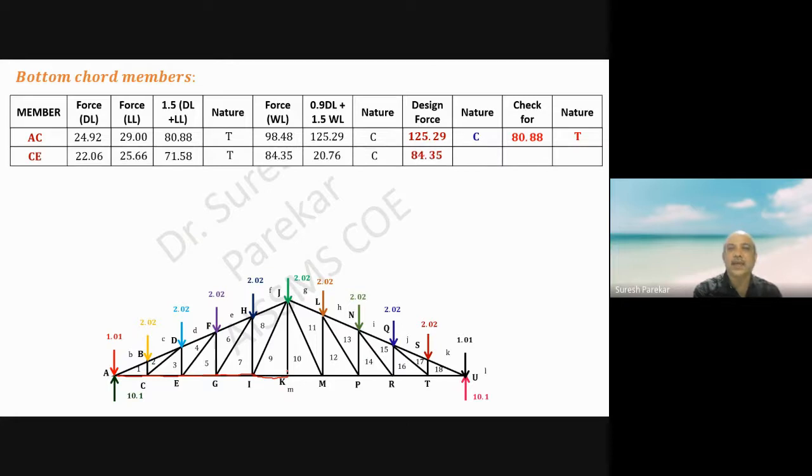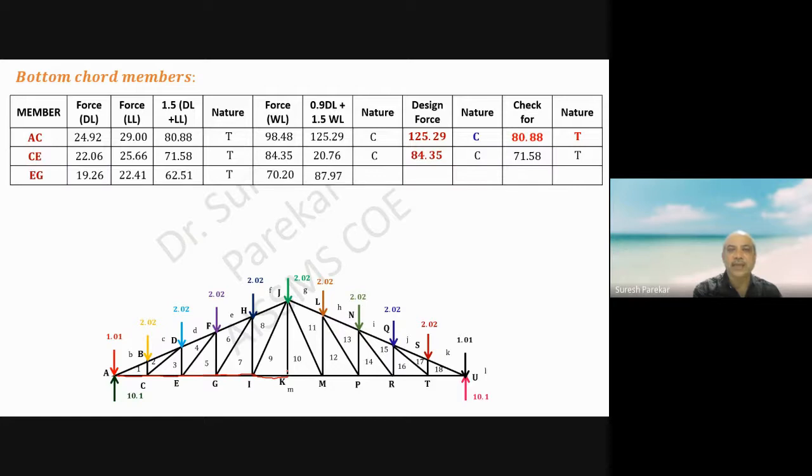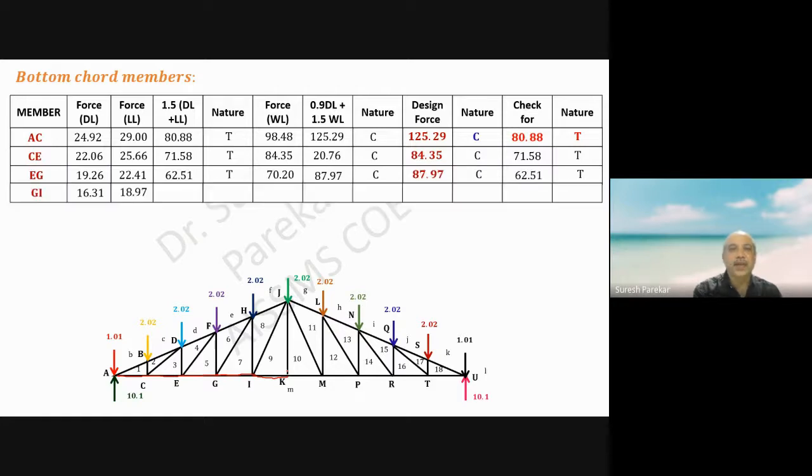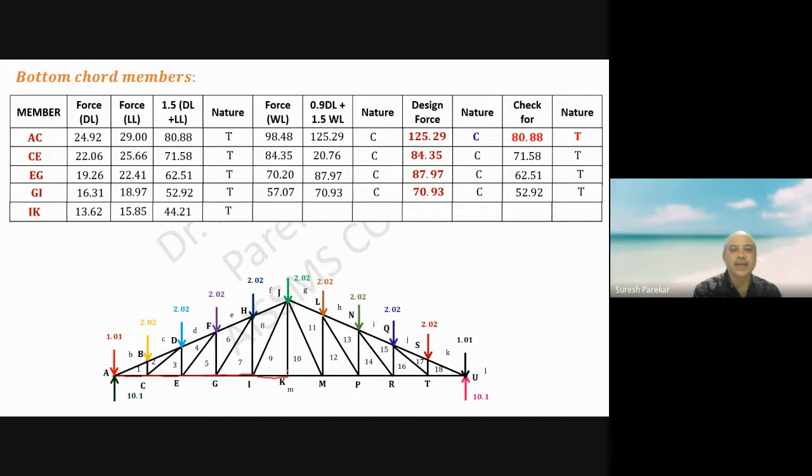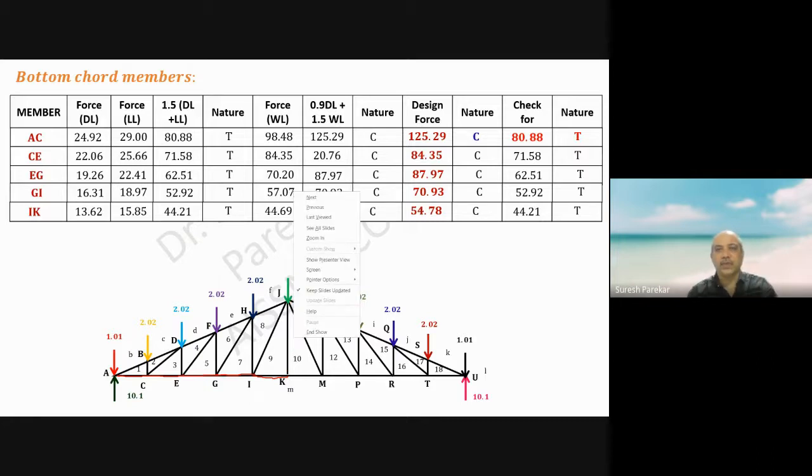CE, we have 84.35 and 71.58. EG, 87.97 and 62.51. GI, we have 70.93 and 52.92, and IK, we have 54.78 and 45.46. So we have to consider the maximum, and the maximum value is for member AC.